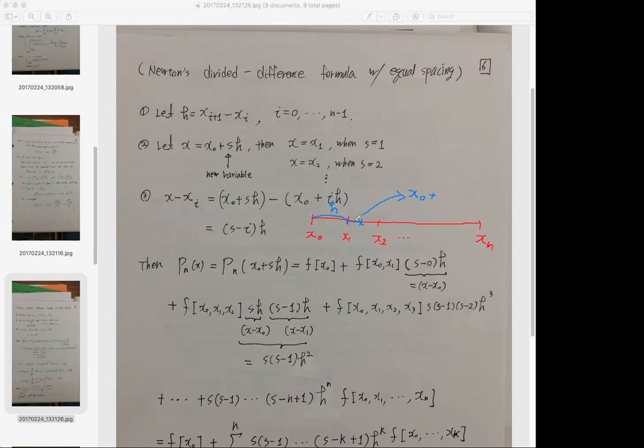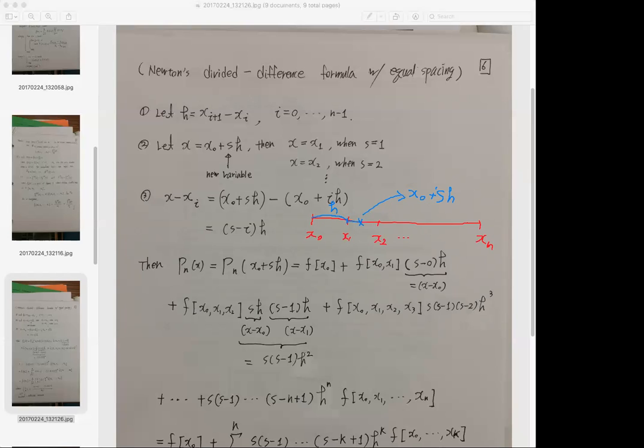That's just a proportion of h. We could say some value s, which represents a proportion of h, so s times h. In this case, s must be 1 plus the proportion of h, so maybe 1.2 or 1.5, something like that.